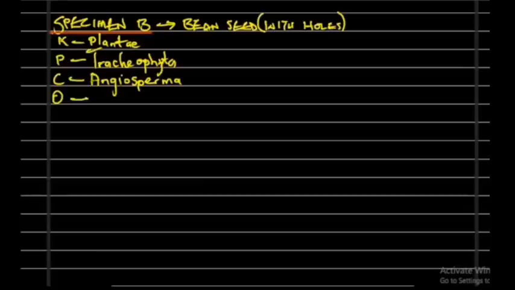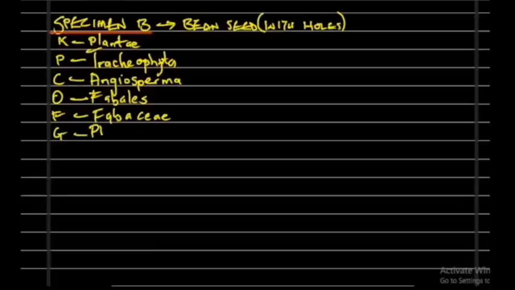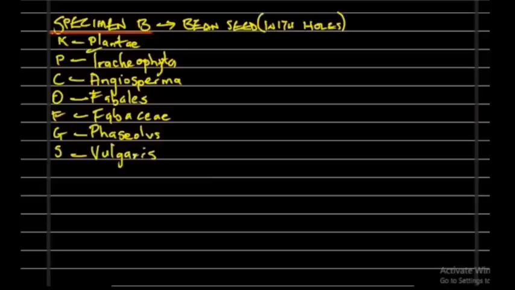The order for this particular crop is Fabales, and then the family to which it belongs is the Fabaceae. The genus is Phaseolus, and the species is vulgaris. So that is how it is being classified.